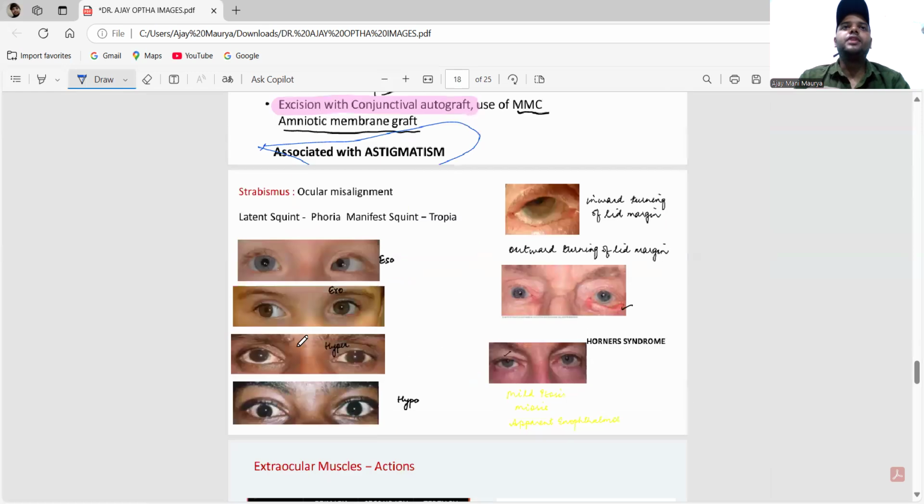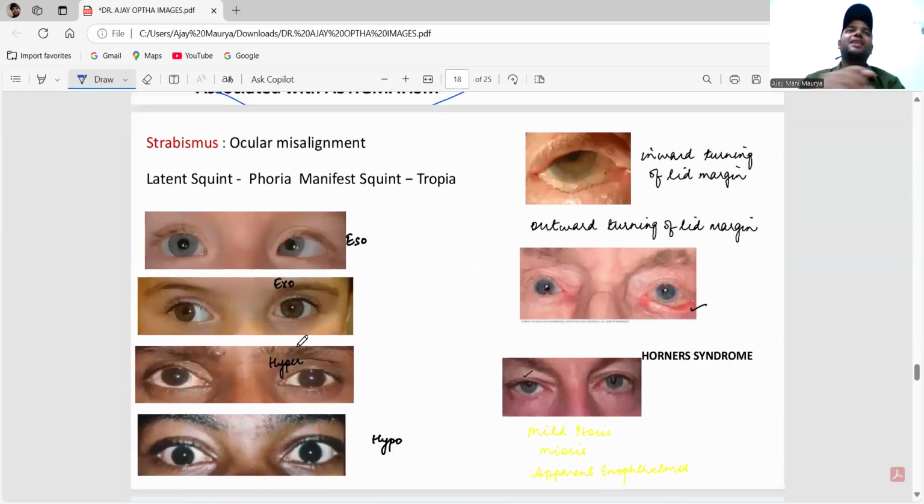Remember this one. Next one, guys, this is strabismus. This is ocular misalignment. We have different types. This is the esotropia. One eye is coming this side, but one remains at the one side.